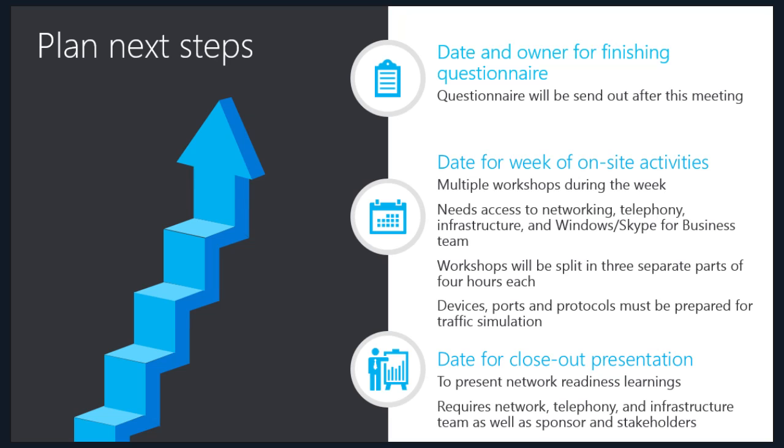We should also decide now who's going to do the traffic simulation, because if you're doing the traffic simulation and not the customer, then this might be a good time to also plan when we're doing this. Please be sure to understand that you must complete both the traffic simulation as well as the on-site workshops before we can run into the closeout stage. We should plan a date for the closeout presentation, because once we have dates set, we can work towards them, because we need deadlines.